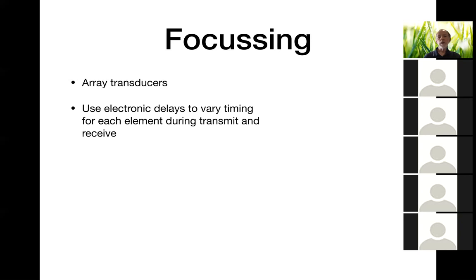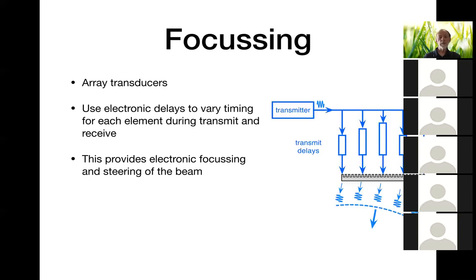So the machine is using electronic delays to modify the timing of both transmitting and receiving. And this allows it to electronically focus and steer the beam in whatever direction it wishes.